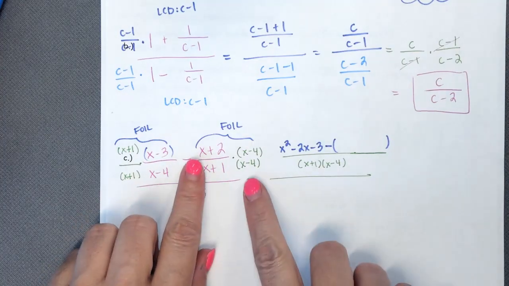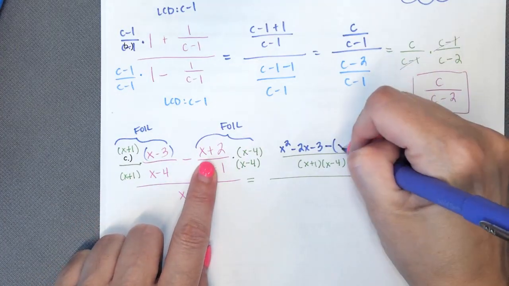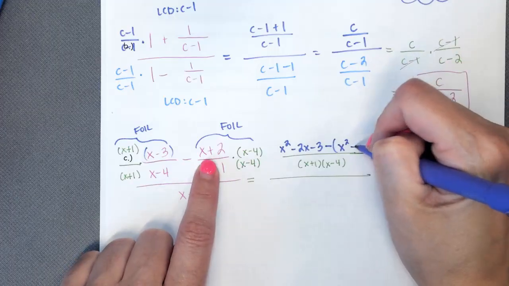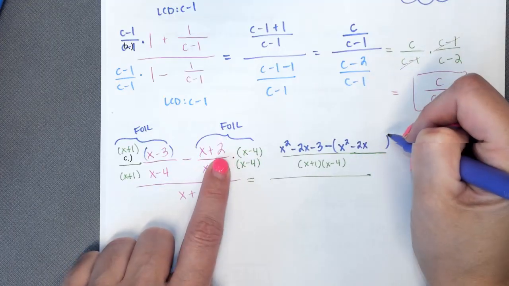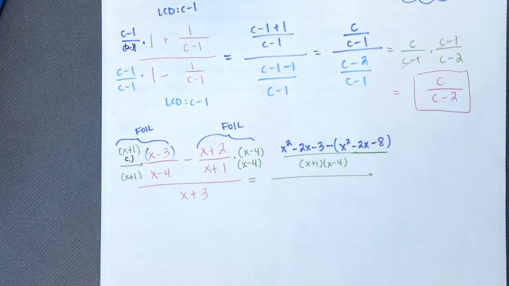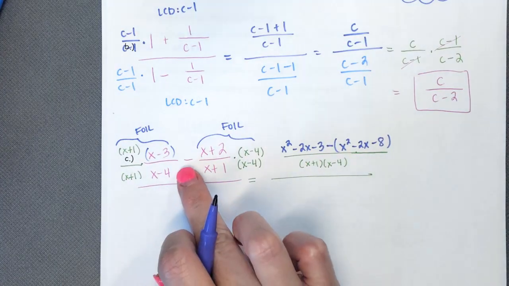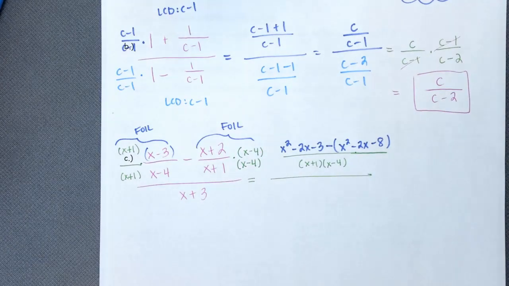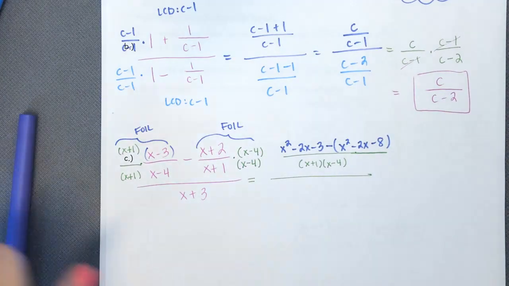Okay, so I'm going to FOIL. I'm going to get x squared plus 2x minus 4x, which is negative 2x. Okay, and then negative 8, and then I'm going to distribute. If you change this to a plus and you make that a negative and then FOIL, that would be another way that you could do that.